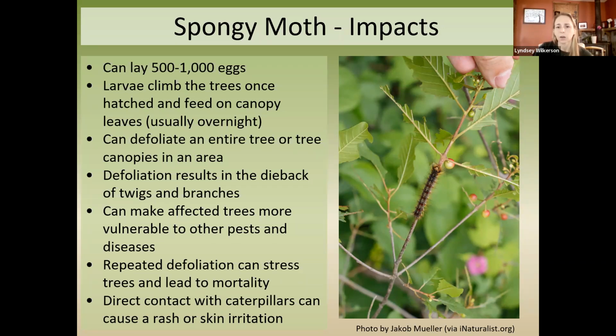And if this happens on a year-to-year basis, it can stress the tree out too and it actually increases the chances of mortality. Something else to note is that direct contact with the caterpillars can actually produce a rash on your skin. So if you are seeing them, they're not something that you really want to be allowing the grandkids to play with in the backyard.